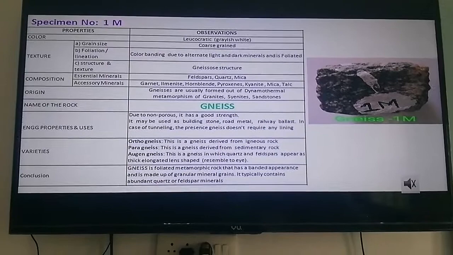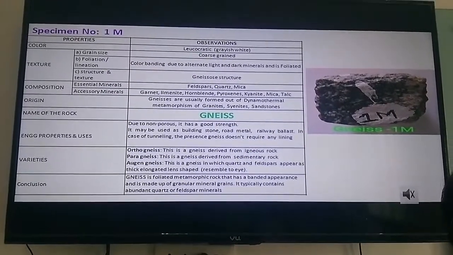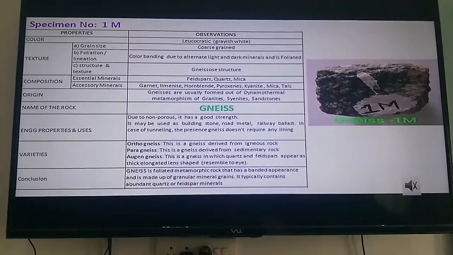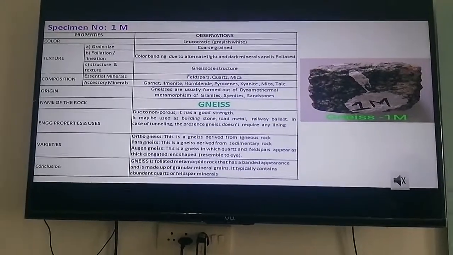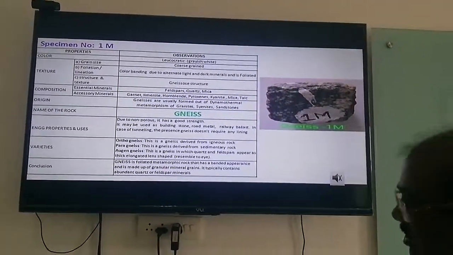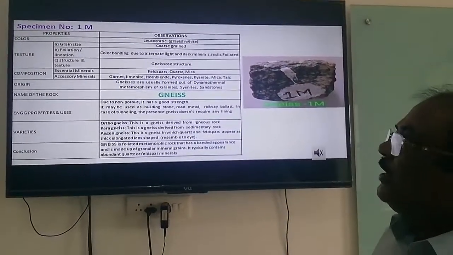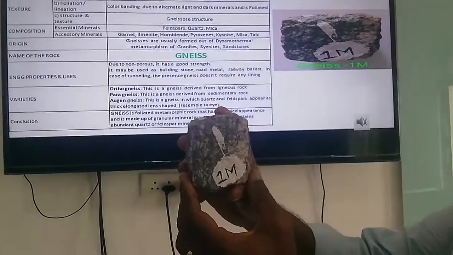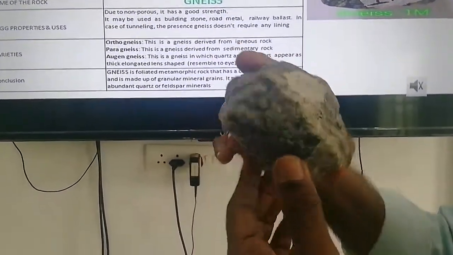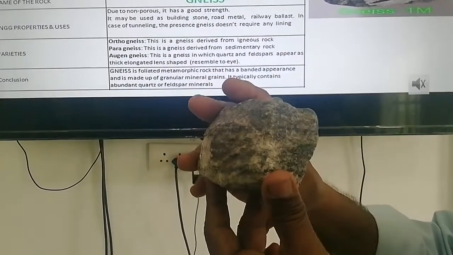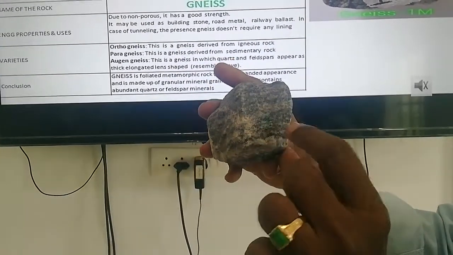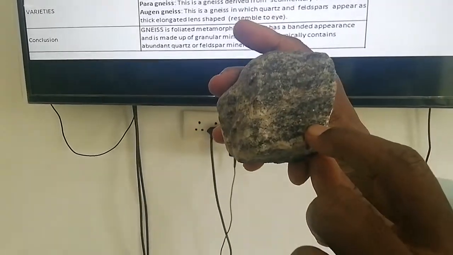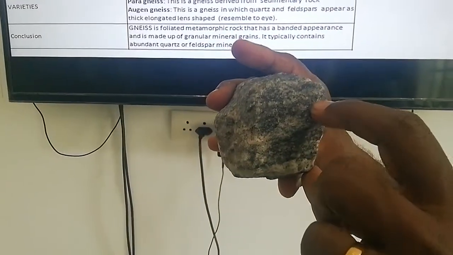Let us come to the identification of metamorphic rocks in the laboratory. So the first one is gneiss, which is designated as 1M. This is a gneiss, or we can call it granitic gneiss. We can see very clearly the alternate bands: white band, grey band, white band, grey band, white band, grey band.